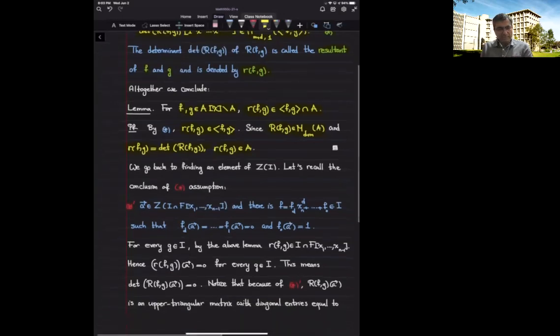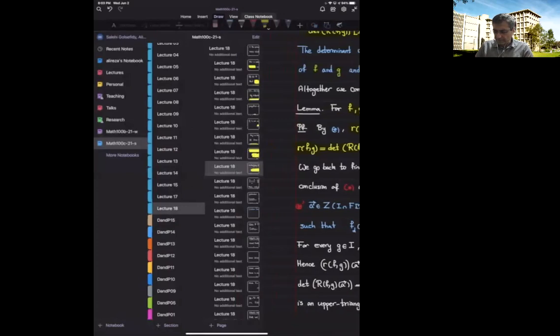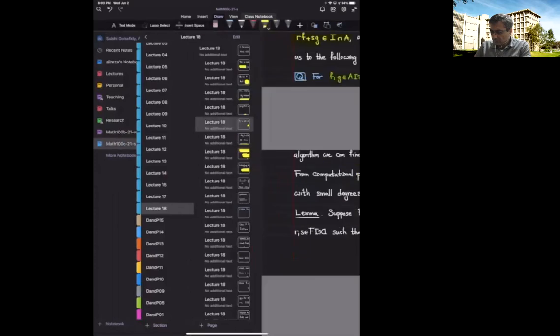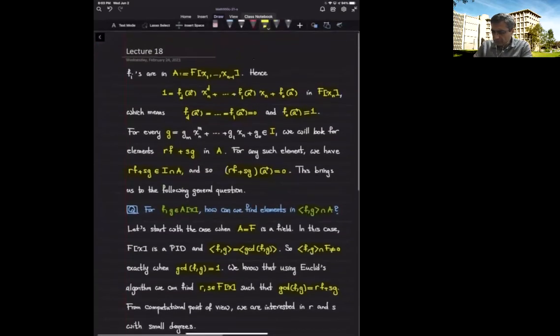Now let's see how this can help us. Let's recall that using this contrary assumption that pi is not surjective, where was it?